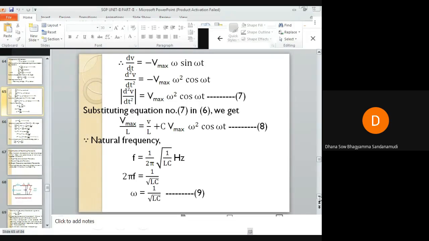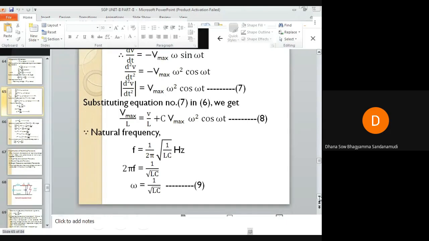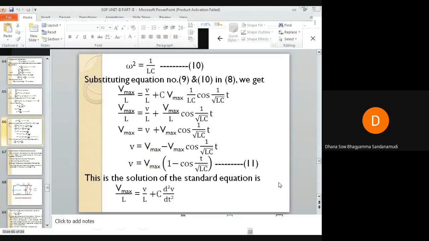Very good. So omega equals 1 by root LC. So omega square is equal to what? 1 by LC. So substitute equation 9, that is omega equals 1 by root LC, and equation number 10, that is omega square equals 1 by LC, in equation number 8. What is our equation number 8? V max by L equals V by L plus C V max omega square cos omega t.